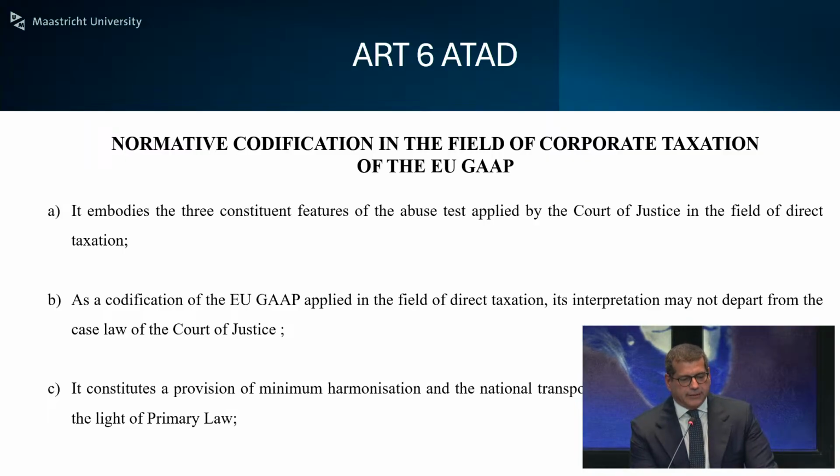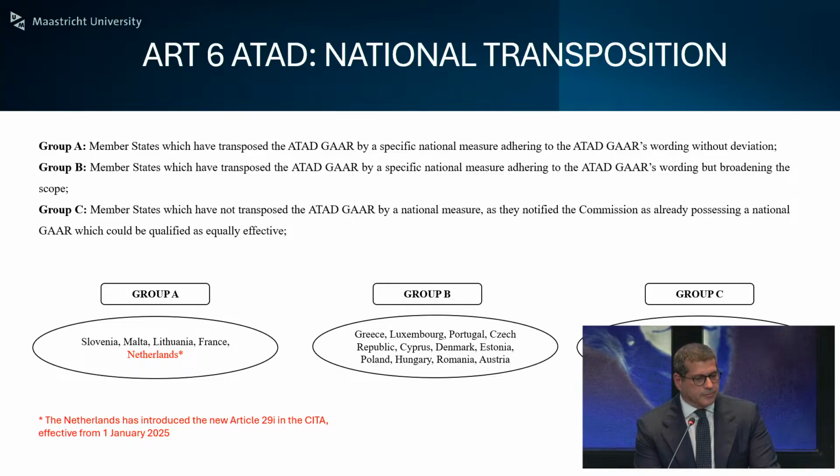In this regard, the Court also held that when the member states transpose a provision of minimum harmonization, the national transposition measure must be assessed in light of primary law, which also includes general principles. Another issue that I address is the method by which the member states have transposed Article 6 into their legal order.